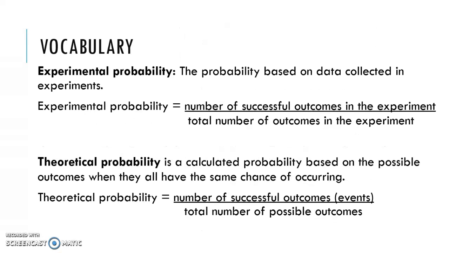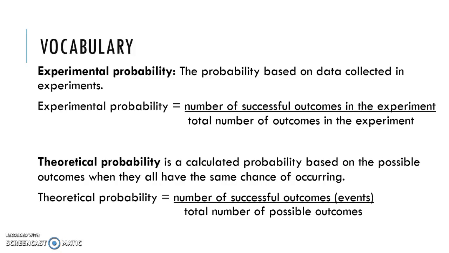All right, so on to some more vocabulary. We've got experimental probability, which is probability based on data collected. So actually collecting the number of successful outcomes in the experiment, for example, if success is judged as we pull a red sock out of the bag of different color socks, out of the total number of outcomes in the experiment.